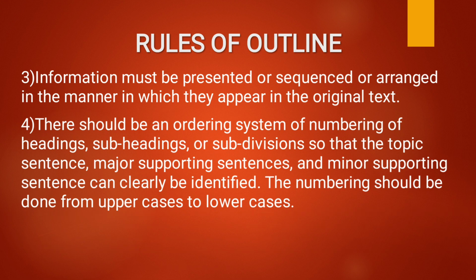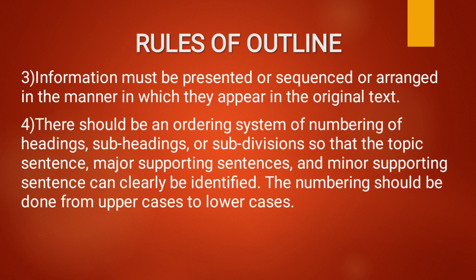Now, the other point also says that all ideas should be presented under a specific heading. After they have been presented under a specific heading, they are arranged in a sequential order. Then these headings which have been arranged in a sequential order, all of them must be assigned numbers, or alphabets, or Roman numerals.